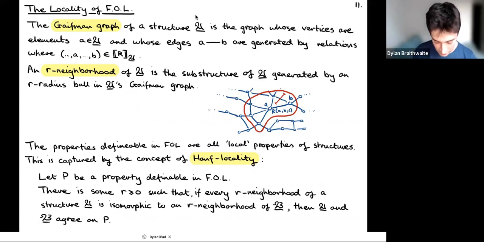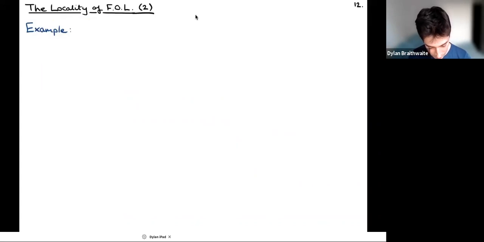And this is a slightly nicer way of making the same argument that we did before with EF games. And I can show you an example of that too.